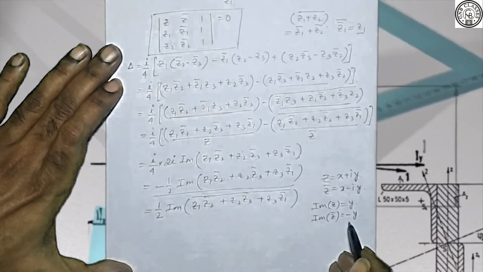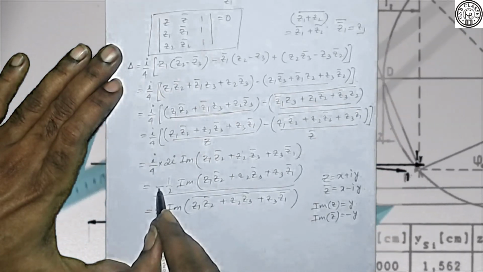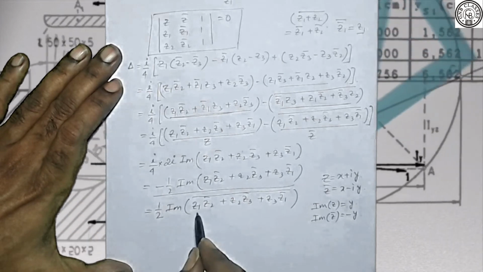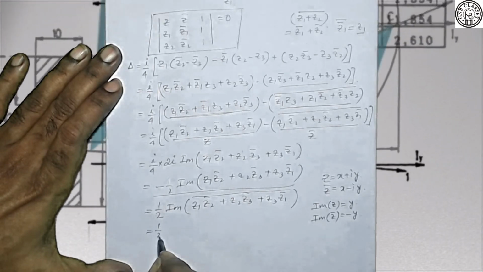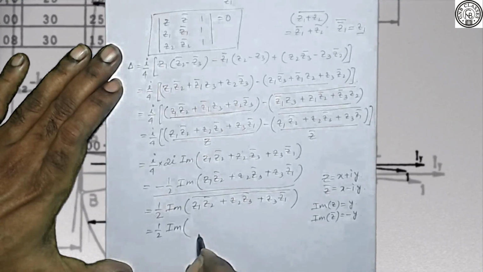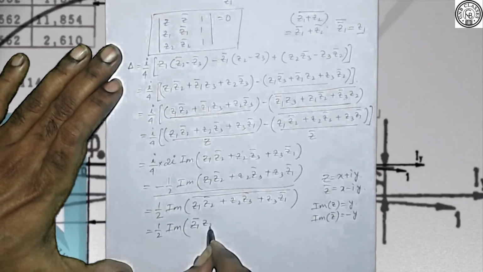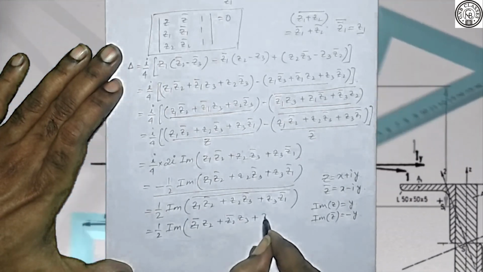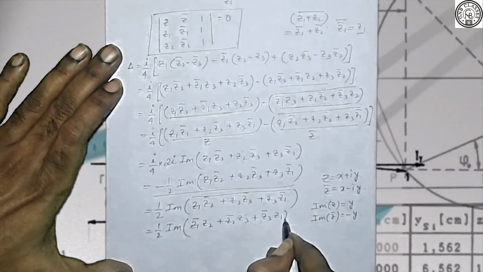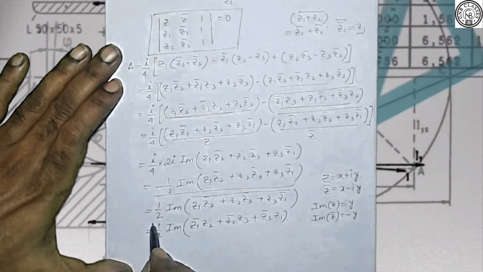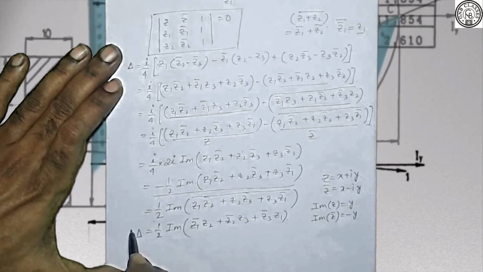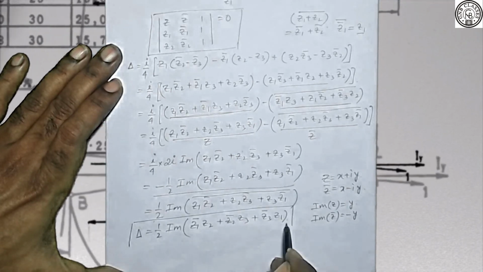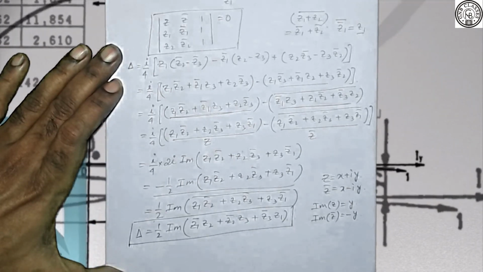Yes or no? Because then this minus sign which was outside will vanish. So again, this can be written as Z1 bar Z2 plus Z2 bar Z3 plus Z3 bar Z1. This is a much better way of looking at the area of the triangle on a complex plane.